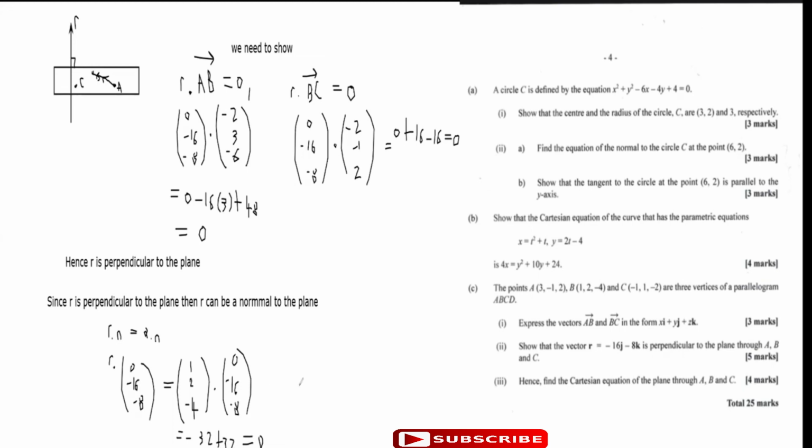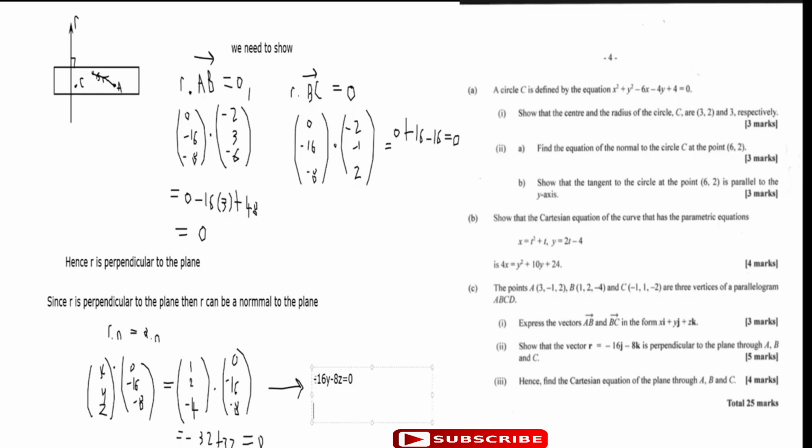And so that implies that the Cartesian equation is going to be, remember what r stands for. r stands for x, y, z. So the Cartesian equation is going to be 0 times x is 0, so it's minus 16y minus 8z is equal to 0. That's the equation of the plane.